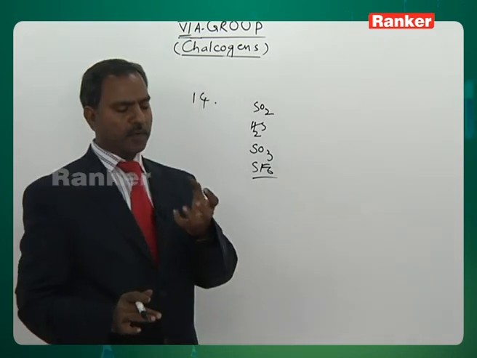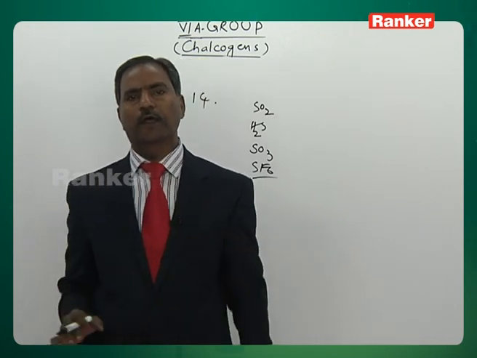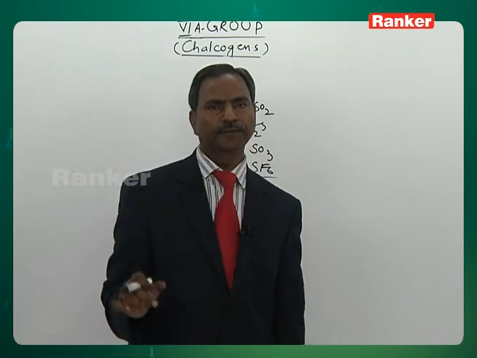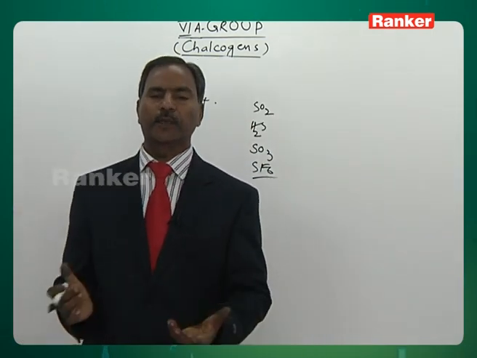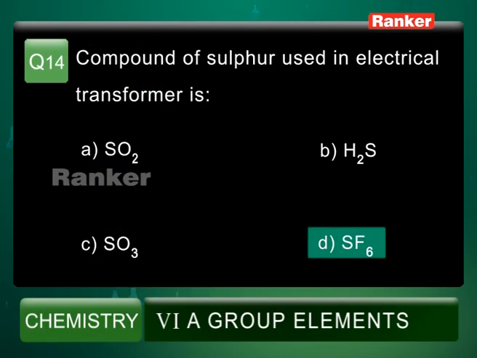Saturated. The small sulfur atom is thickly occupied by 6 fluorines. Therefore, SF6 is stable and inert. Because of this reason, SF6 is generally used in electrical equipments, electrical transformers. So, for question number 14, the answer is D, which is more inert.